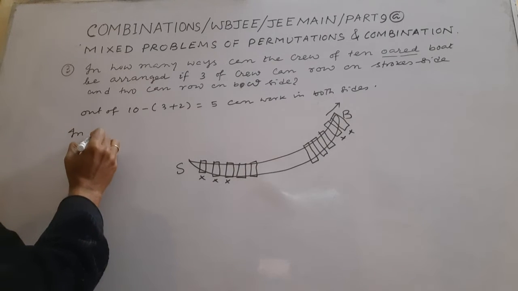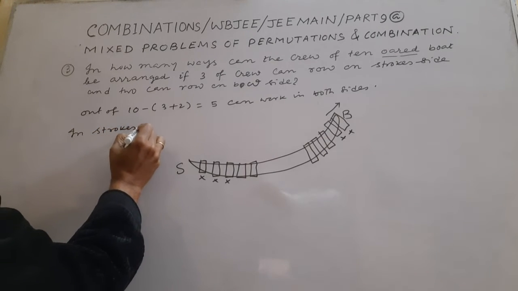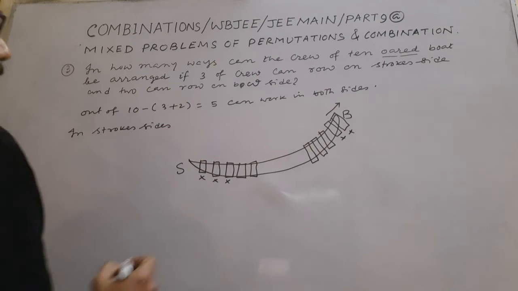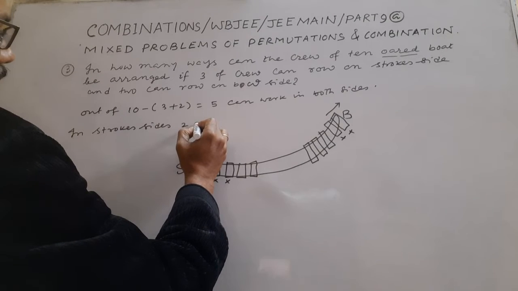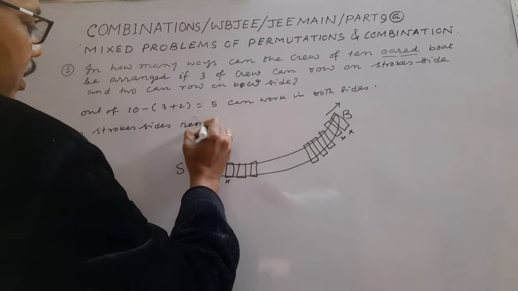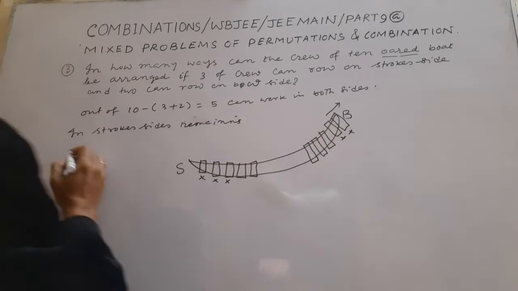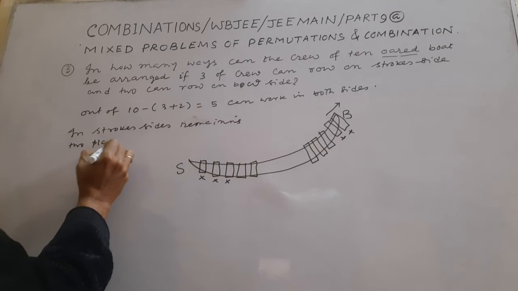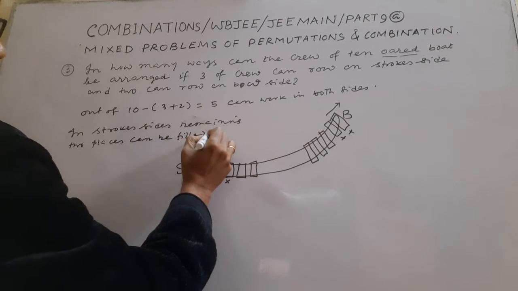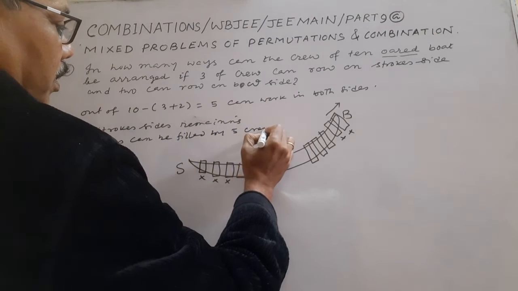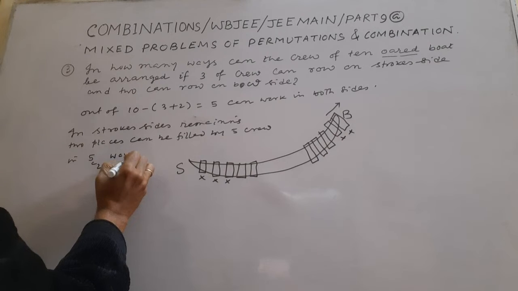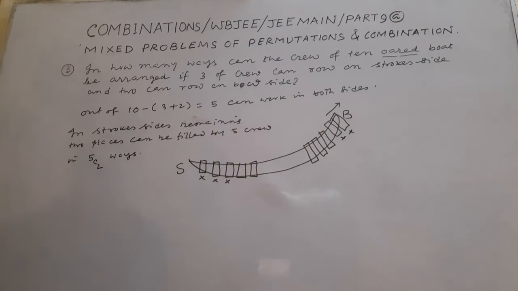So in stroke side, 2 remaining places can be filled by 5 crew in 5C2 ways.